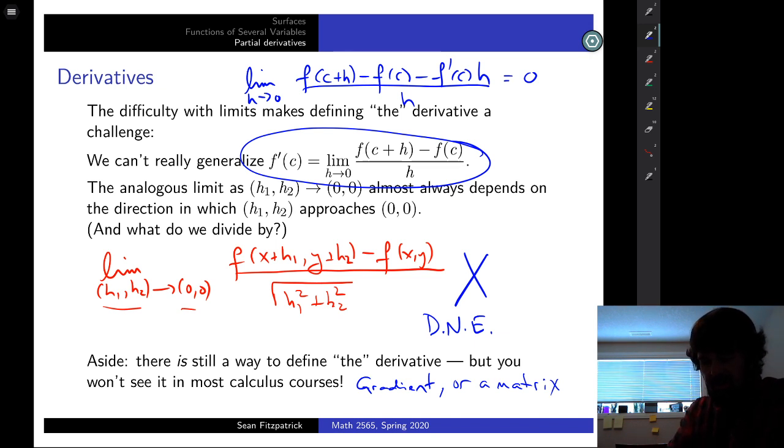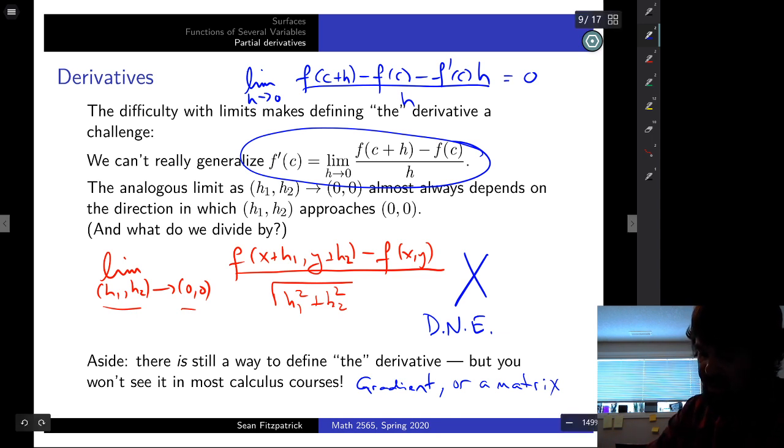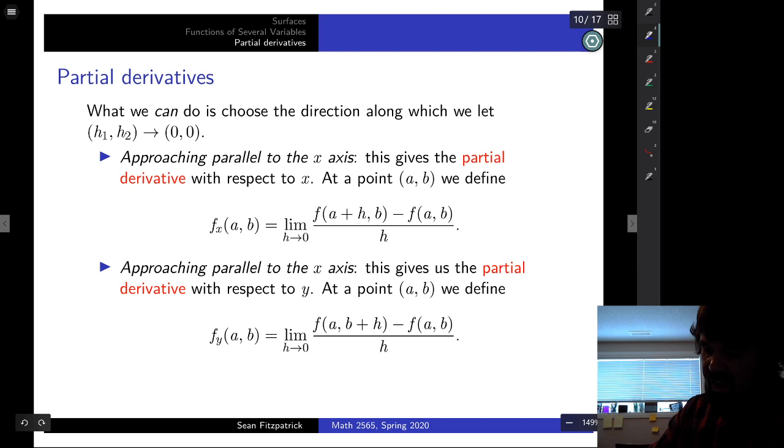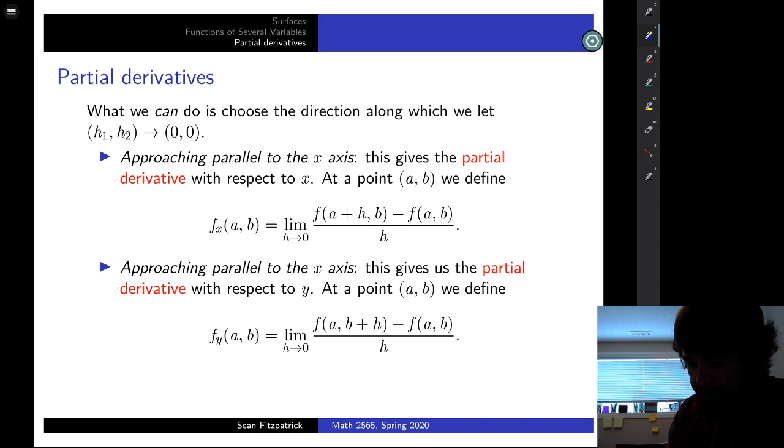Well, the best linear approximation should be a linear transformation, right? And then linear transformations can be represented by matrices. And it turns out that the matrix you want is like a matrix of partial derivatives. So really, it comes down to understanding how to do partial derivatives. And for now, we decide that we're satisfied with just knowing how to do partial derivatives, and we don't want to get too carried away.